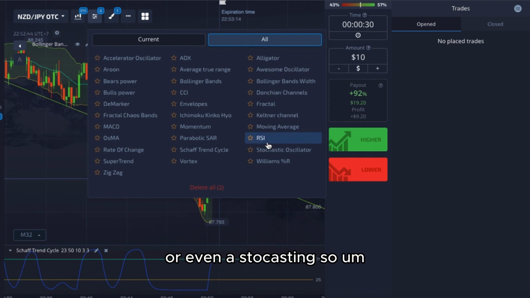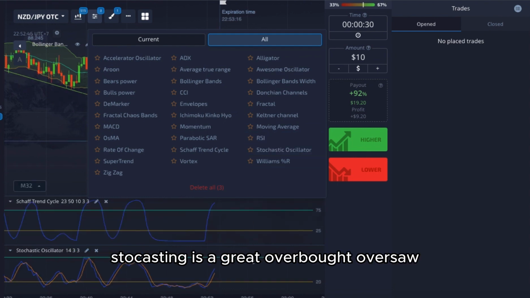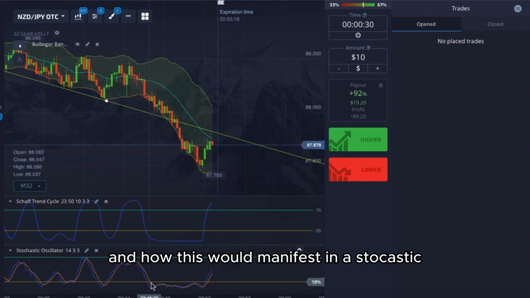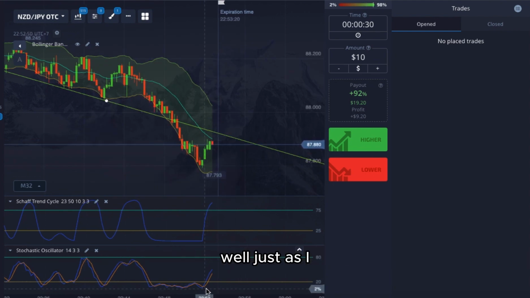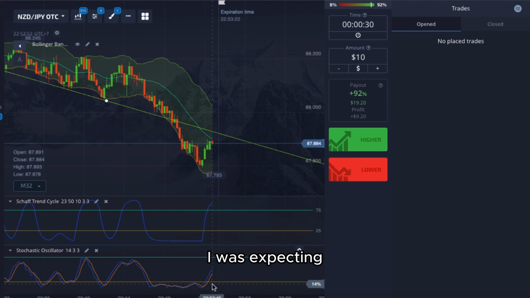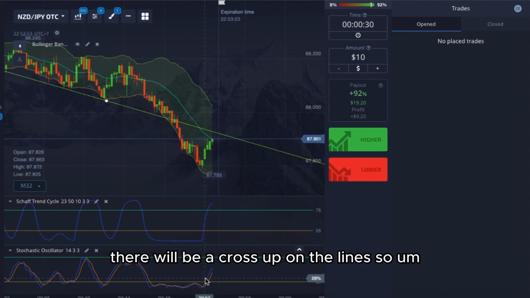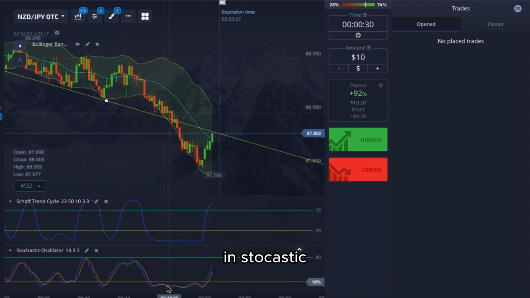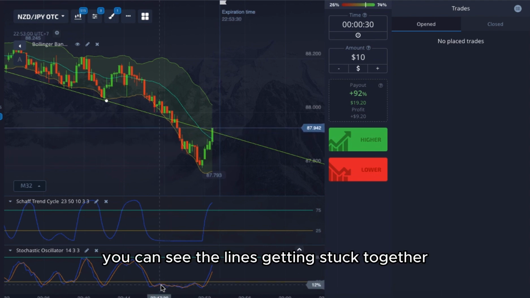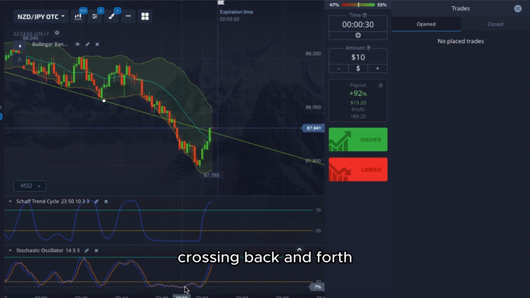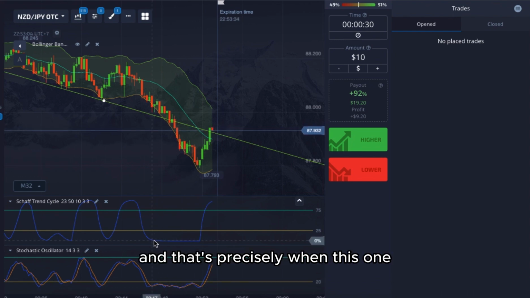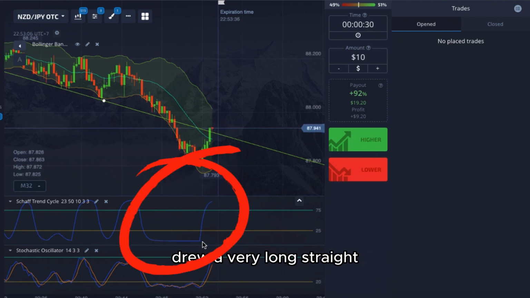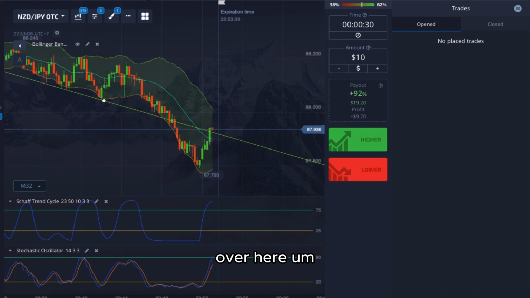Stochastic is a great overbought oversold, and how this would manifest in the stochastic, well, just as I was expecting, there will be a cross up on the lines. However, in stochastic, sometimes you can see the lines getting stuck together, crossing back and forth, and that's precisely when this one drew a very long straight, and finally it crossed up over here.